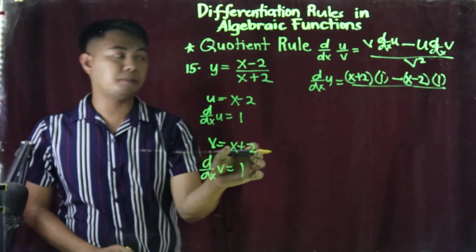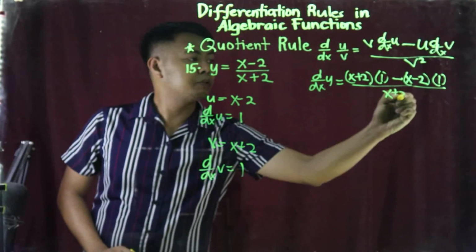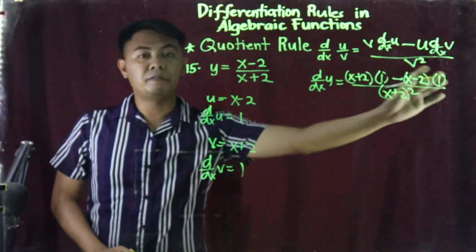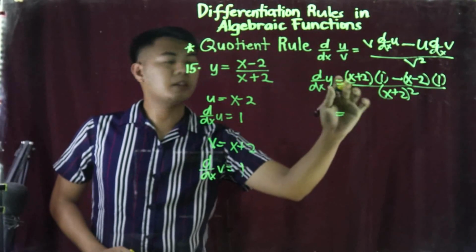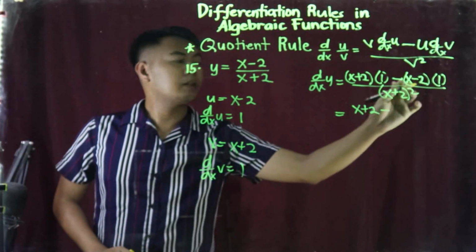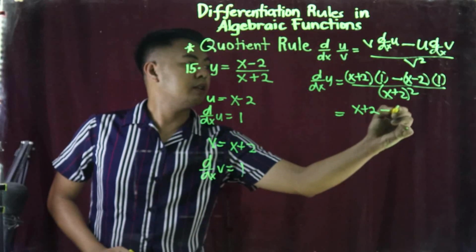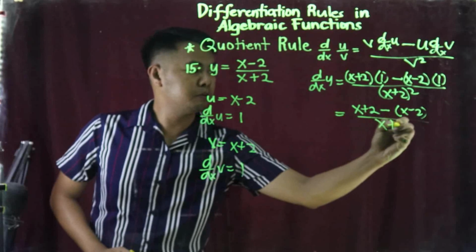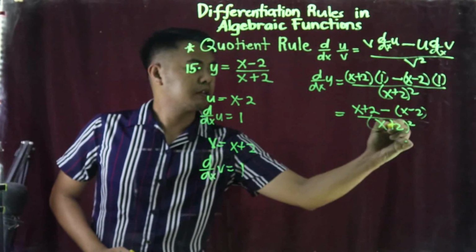So our v is x plus 2 squared. Okay? And then simplify this. 1 times x plus 2, we have x plus 2. 1 times x minus 2, that is x minus 2, all over x plus 2 squared.